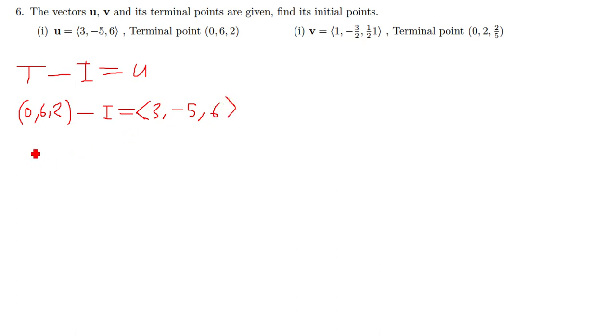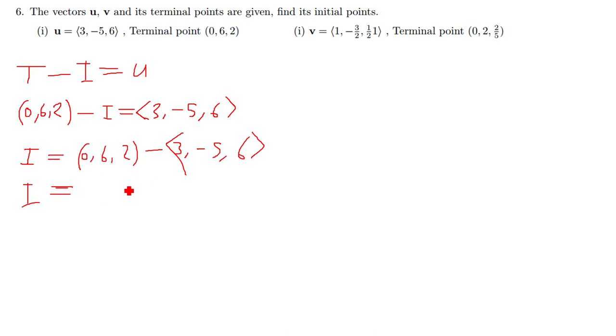So to find the initial, which I'm denoting as I, I is just going to be equal to 0, 6, 2 minus 3, -5, 6. So when you subtract the two, we get the point of the initial.